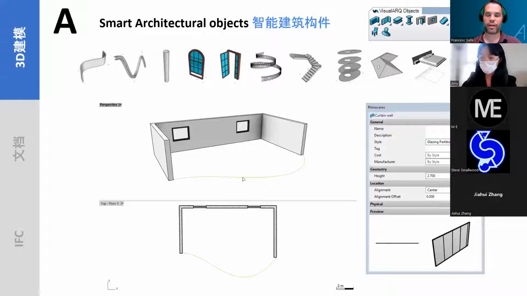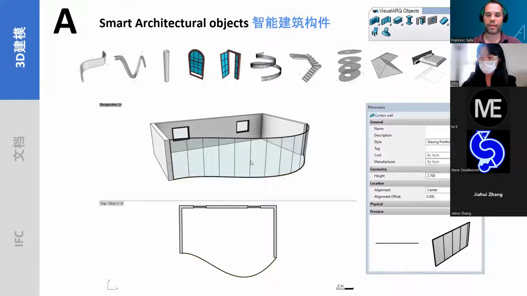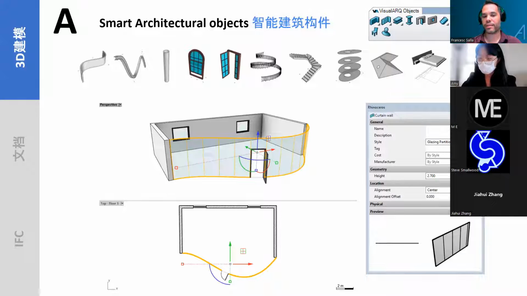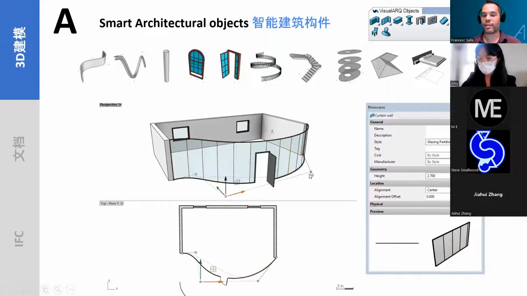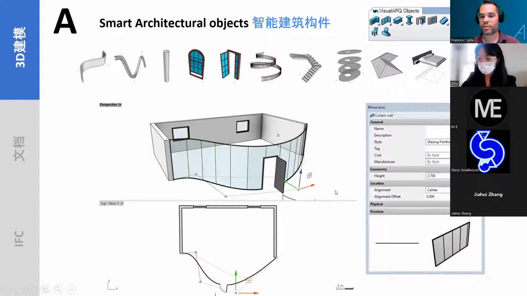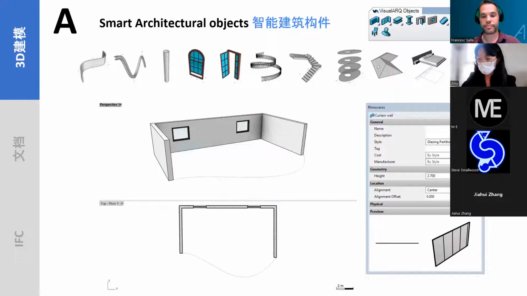So, starting with the option to 3D model, VisualARQ provides a set of architectural objects. They are parametric. That means we can change their parameters to values, and we can easily edit them through control points, through the parameters.